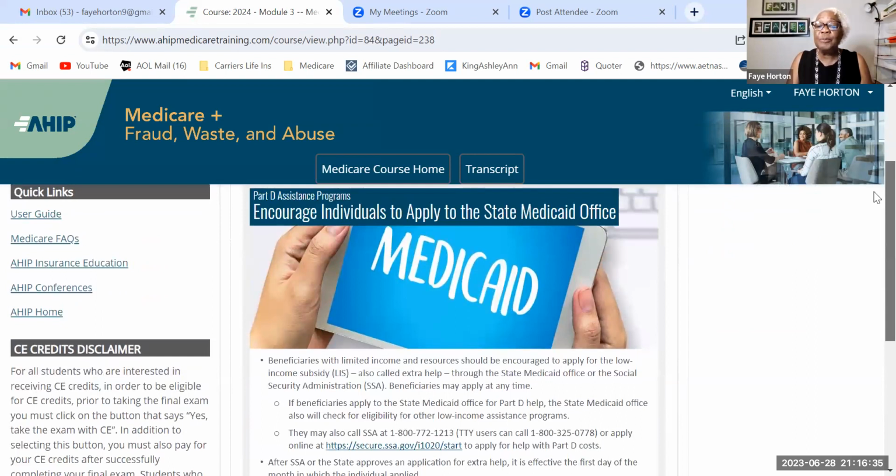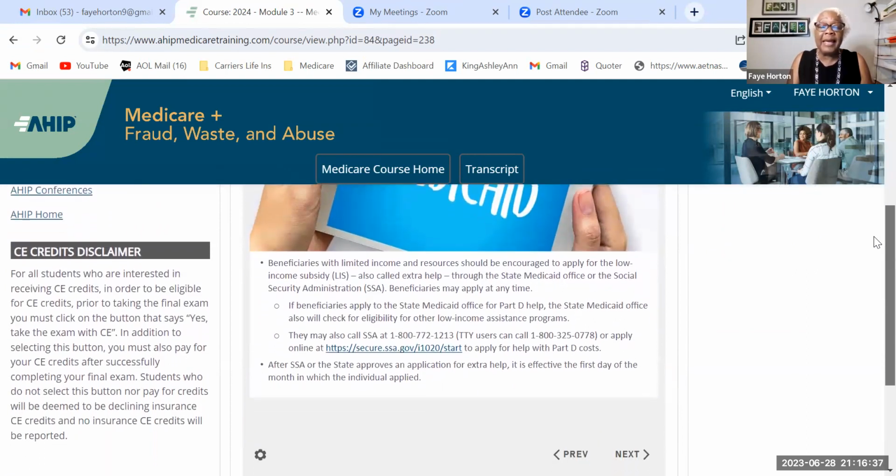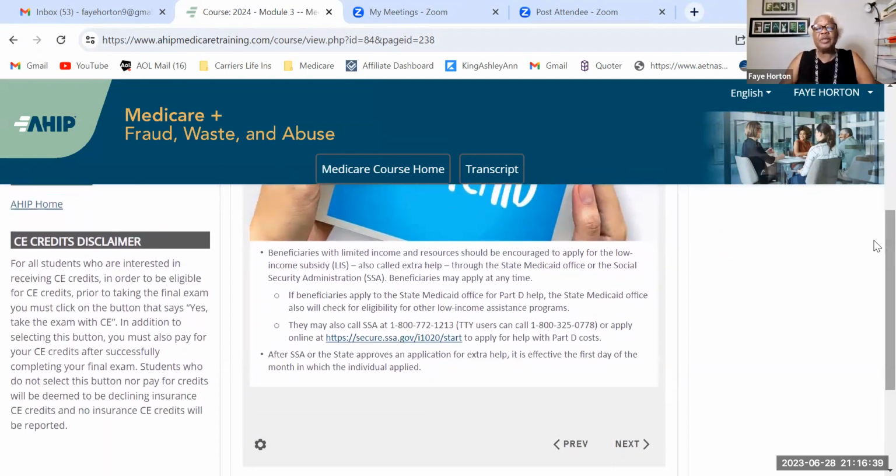Encourage individuals to apply for state Medicaid aid. Beneficiaries with limited income and resources should be encouraged to apply for the low-income subsidy, also called extra help, through the state Medicaid office or the Social Security Administration. Beneficiaries may apply at any time.